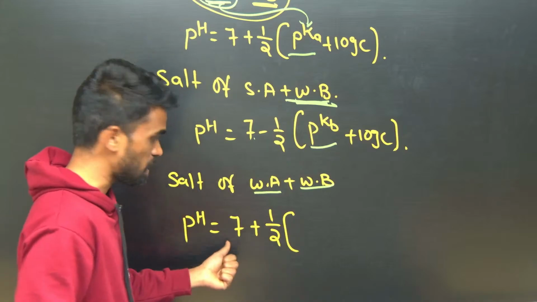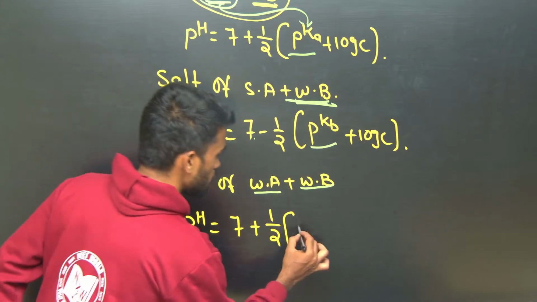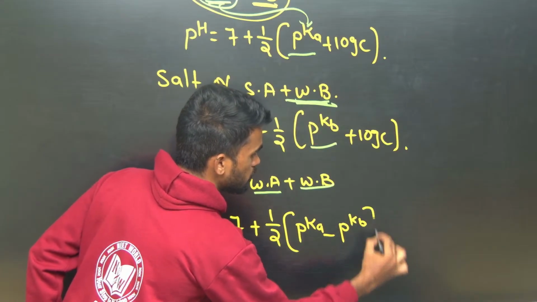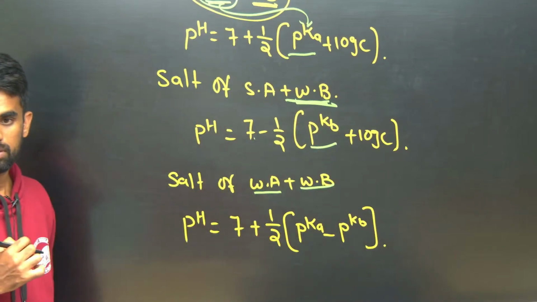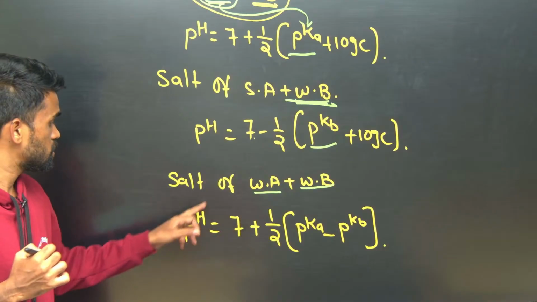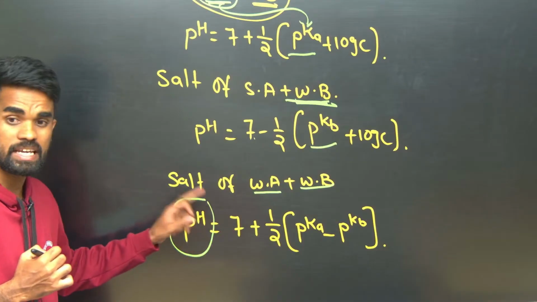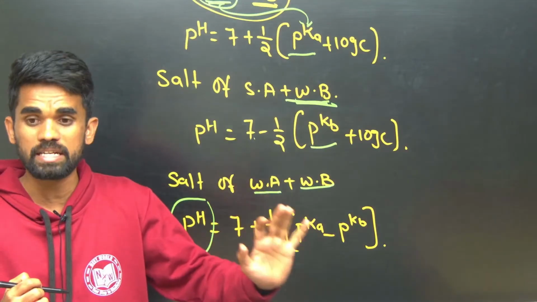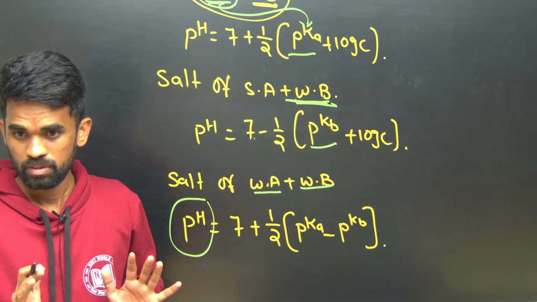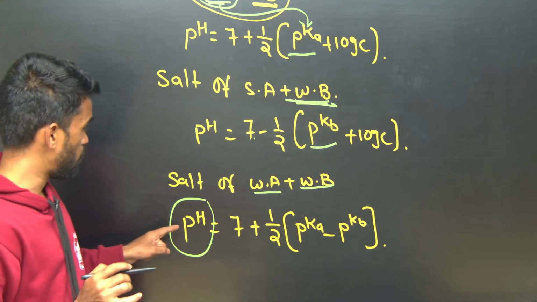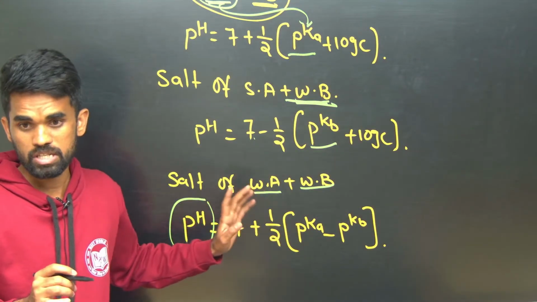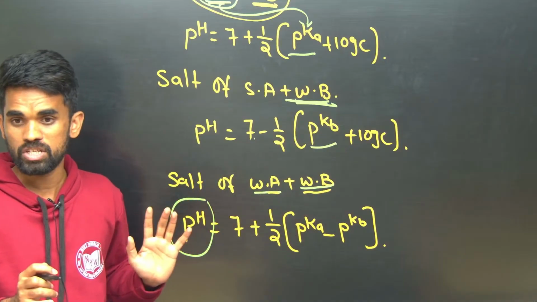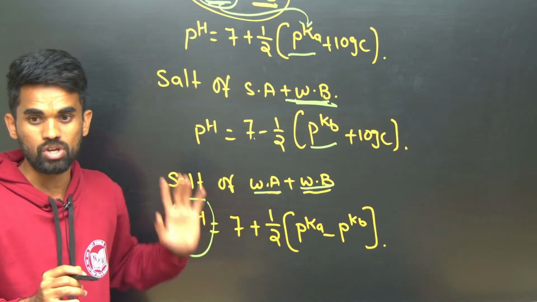So 7 plus half into pKa minus pKb. There is no log C here. This salt is independent of concentration. The pH of this salt is independent of the concentration of that salt, in the case of a salt formed from a weak acid and weak base combination.